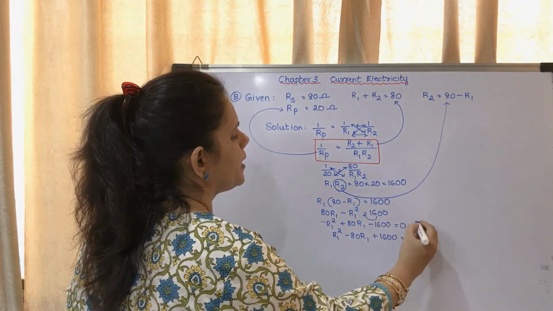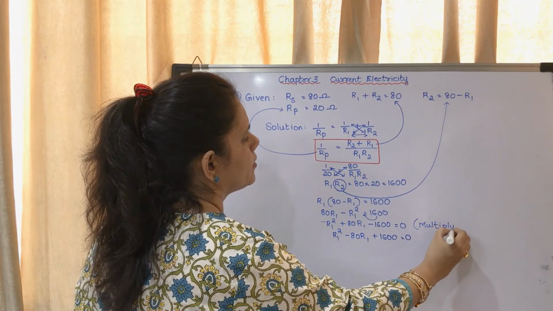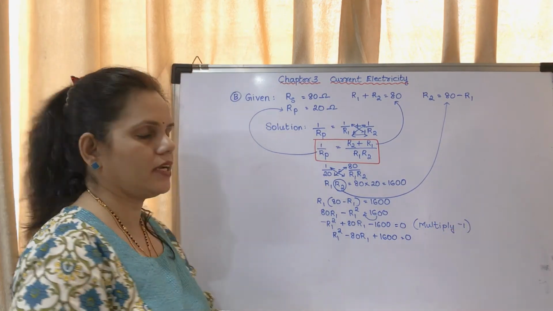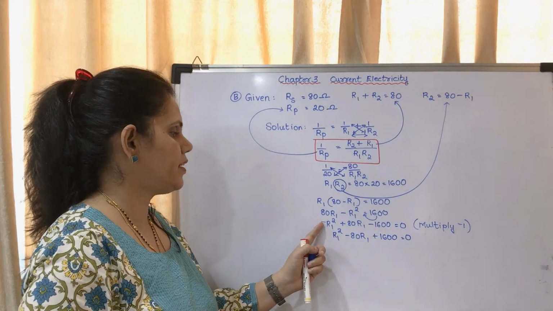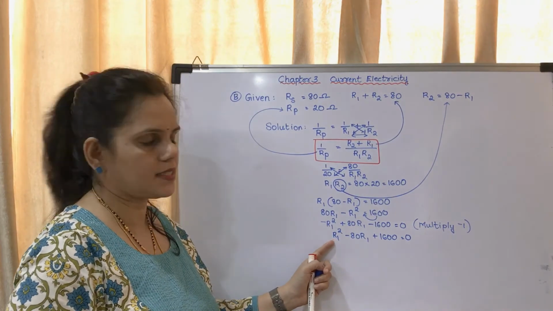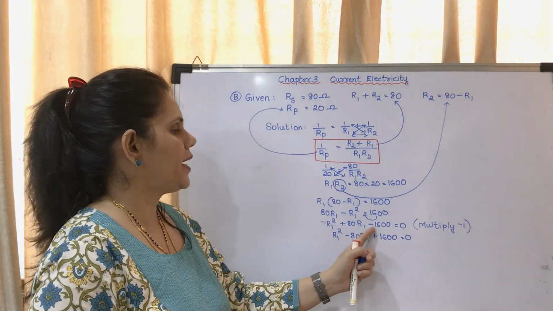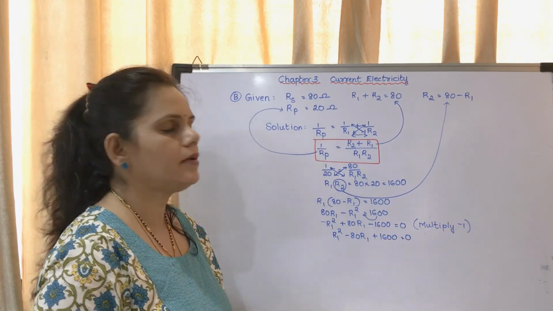You have to multiply both sides with minus 1, to get rid of this minus. Minus 1 into minus 1 will become plus, plus into minus will become minus, minus into minus will become plus.